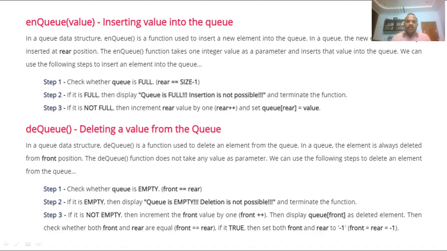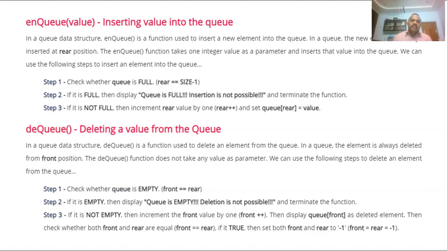Clear? So check whether the queue is empty. Front equal to rear, like rear equal to 8 and front is also 8, then there is no element in the queue. Clear? For example, rear equal to 4 and front is also 4, then there is no element in the queue.